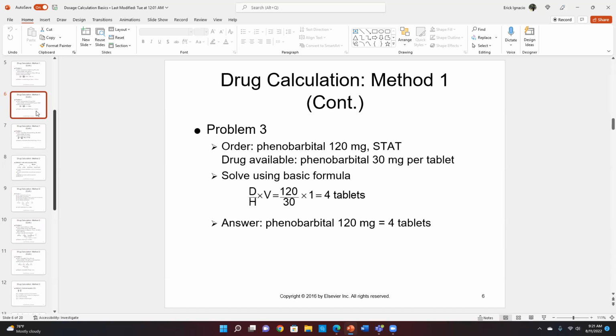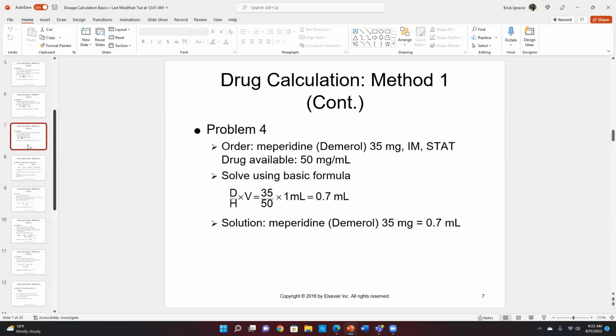So 120 divided by 30 multiplied by 1 will give us 4 tablets. Okay, now we will give the patient 4 tablets stat, so right away, okay? 4 tablets.